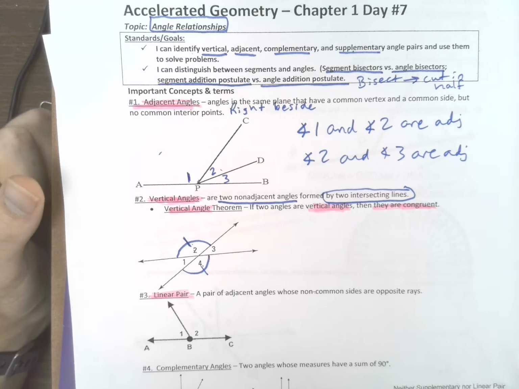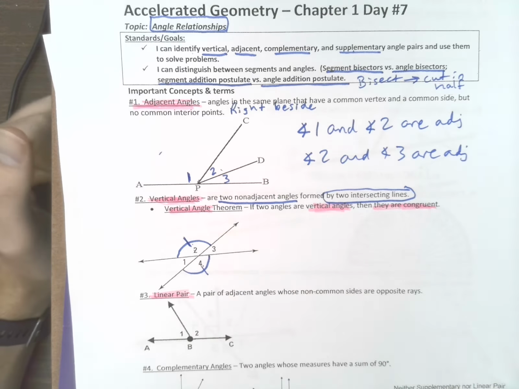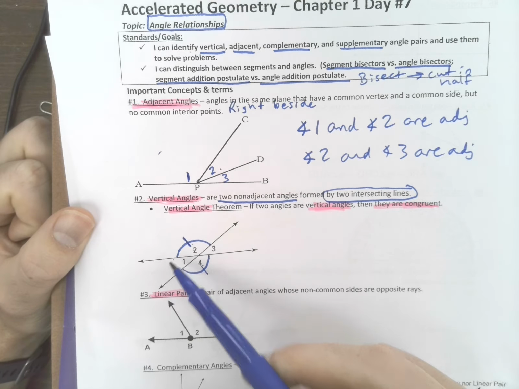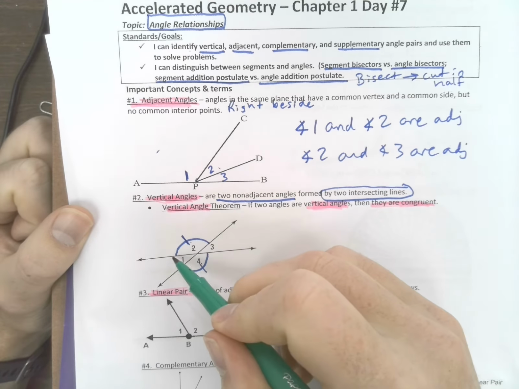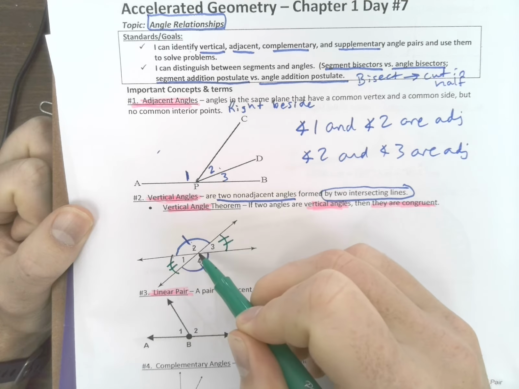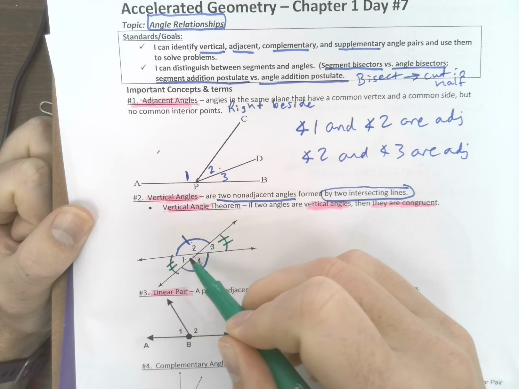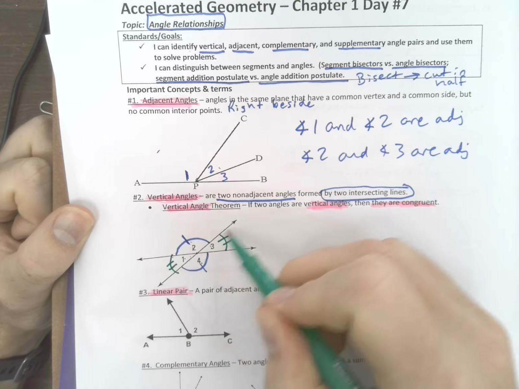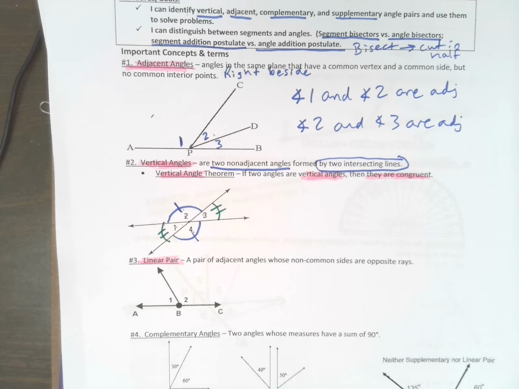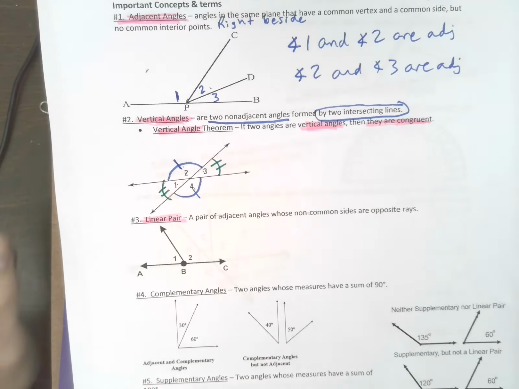It is on the opposite side of this vertex. Is there another pair of angles here? Yeah. 1 and 3. Same vertex, opposite sides of this vertex with the same lines creating both angles. That's a huge one.